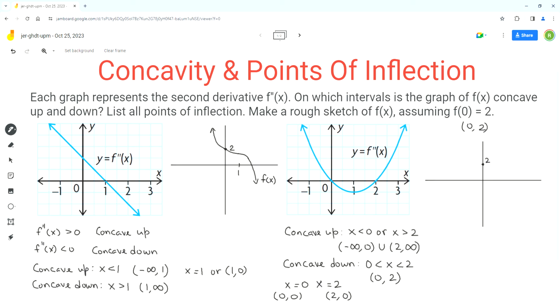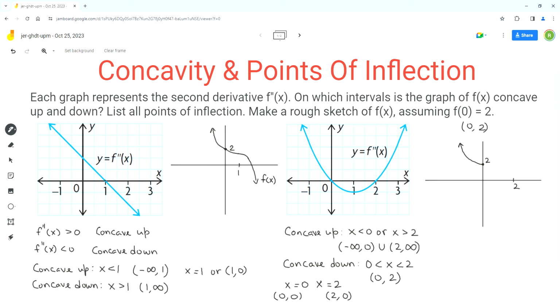Now, as per our analysis, the graph concaves up to the left side of 0. So we can show the graph on the left side like this. And the graph concaves down all the way to 2. So let's assume 2 is somewhere here.